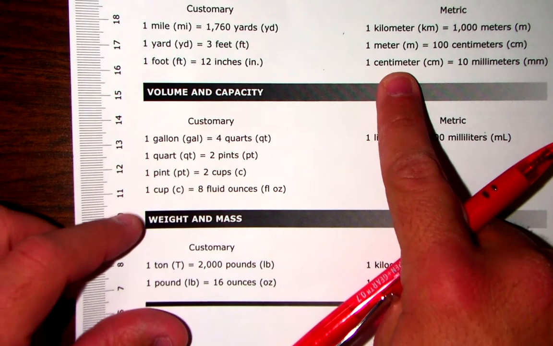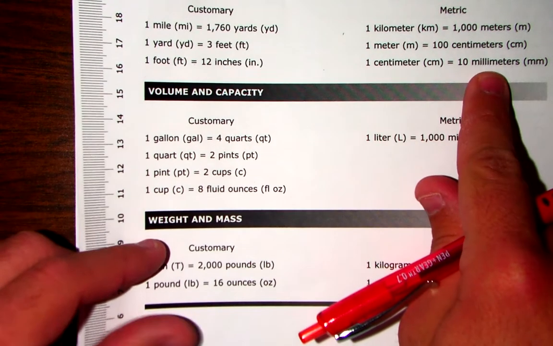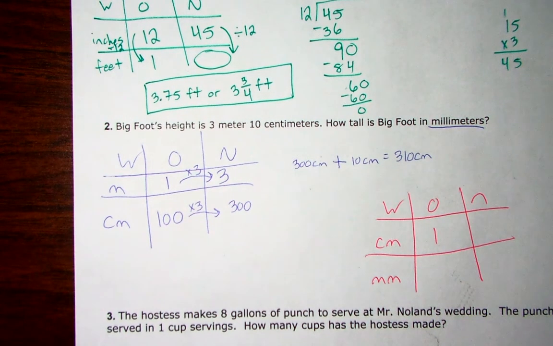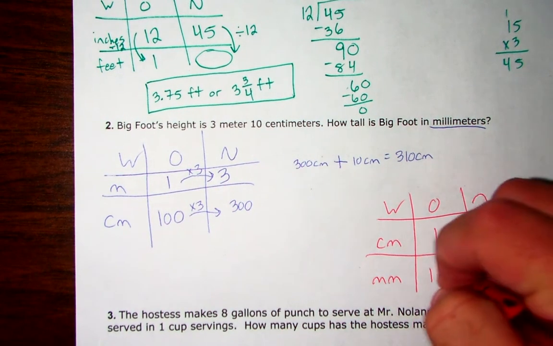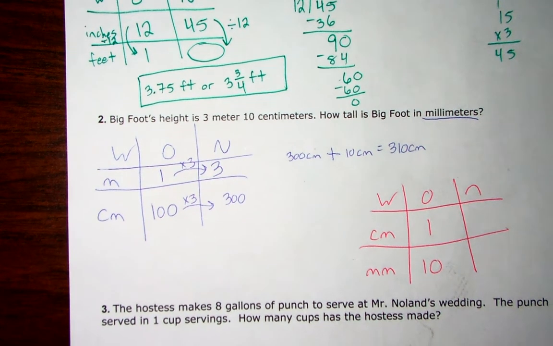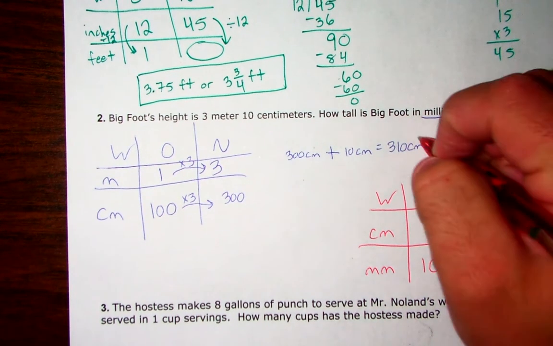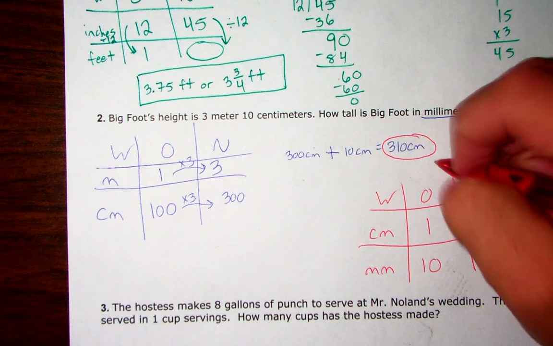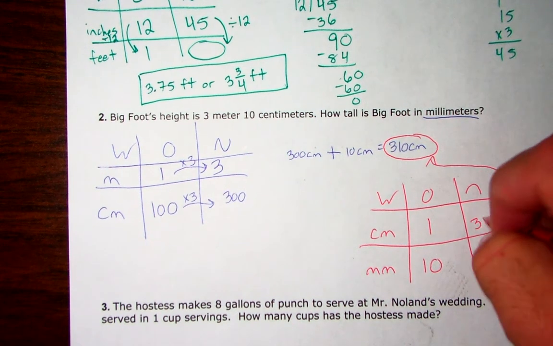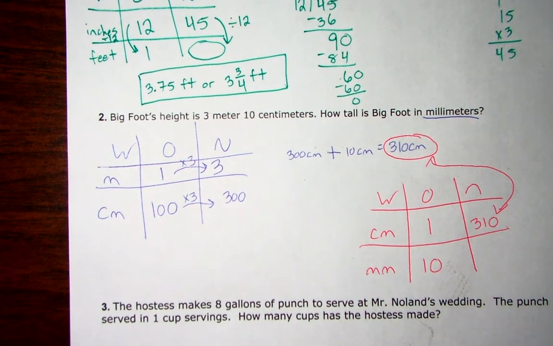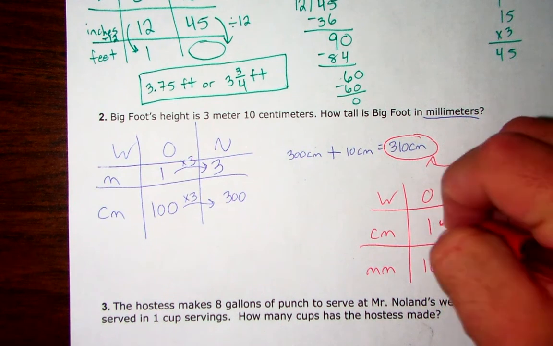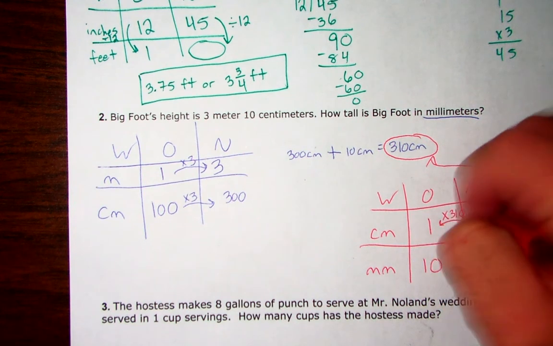Right here. 1 centimeter is 10 millimeters. But what new information do I have? I have this information right here. Bigfoot is 310 centimeters tall. Well, guys, how could you go from 1 to 310? Well, you multiply by 310.